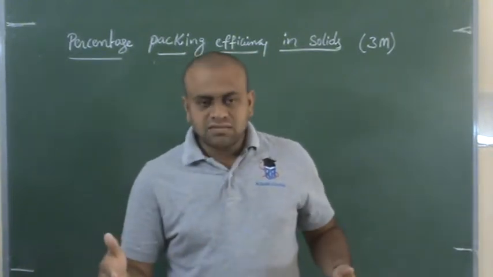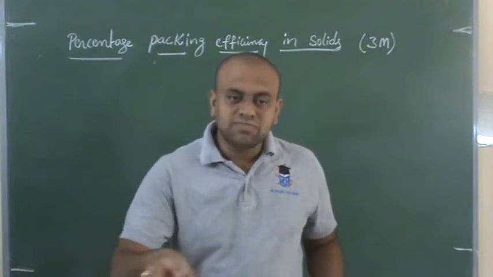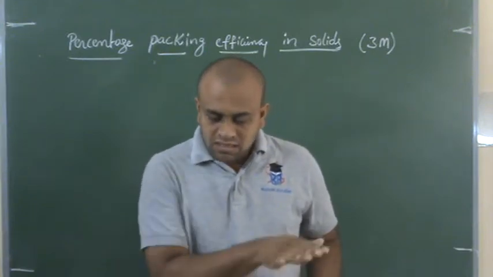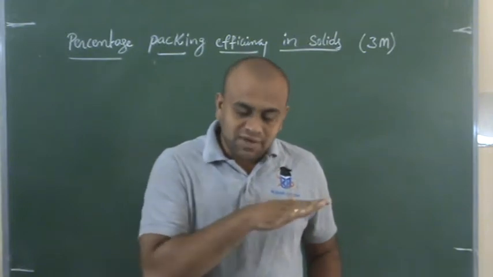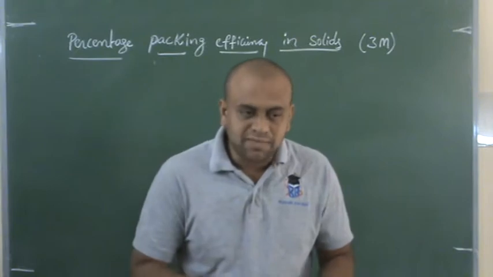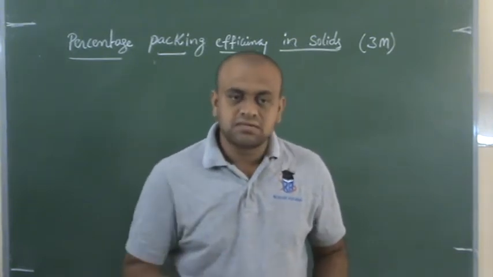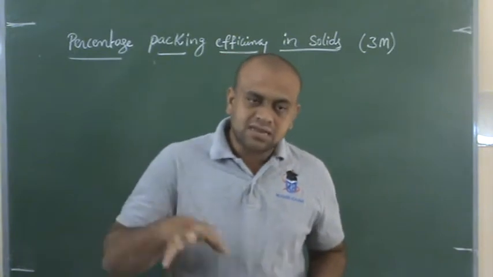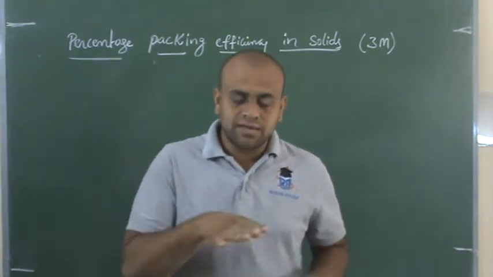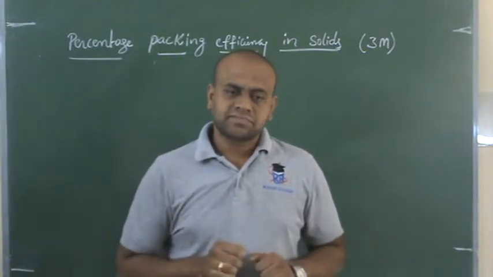You fill the whole box with tennis balls. First layer, maybe 6 balls or 9 balls you arrange. On the next layer 9 balls. Like that, you fill the entire box.